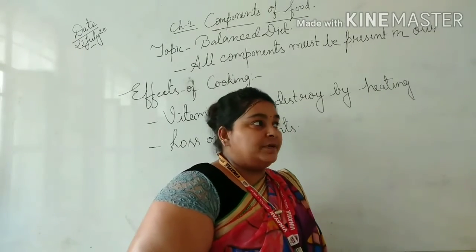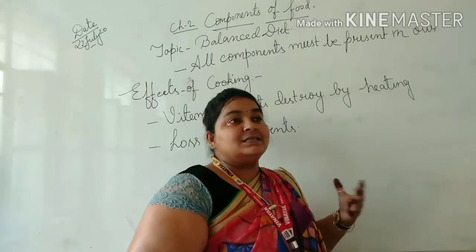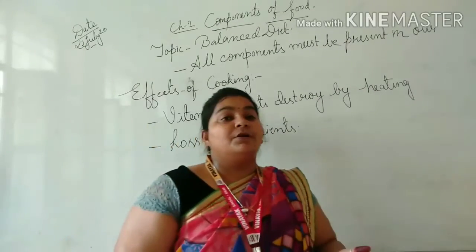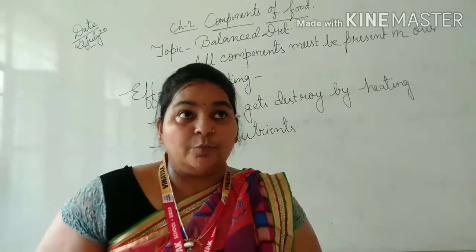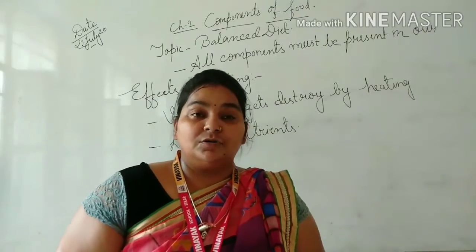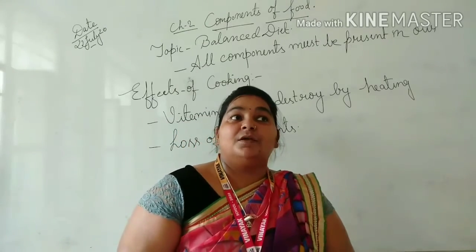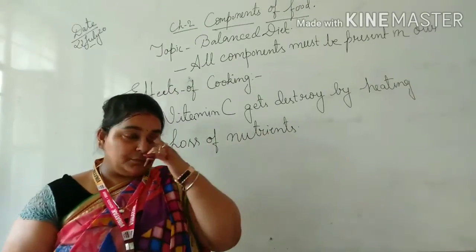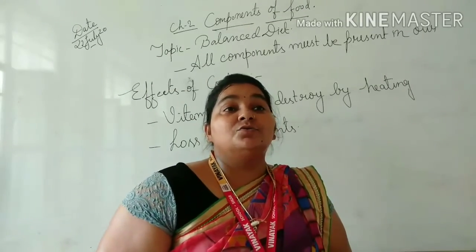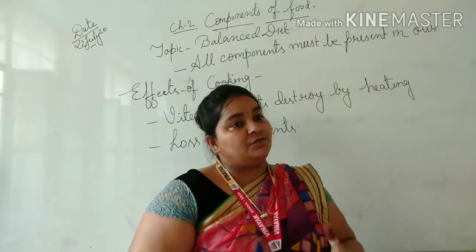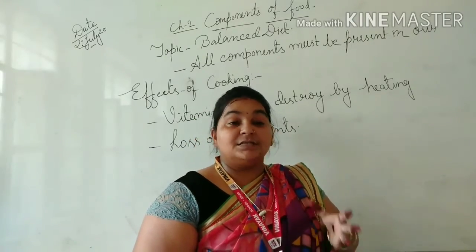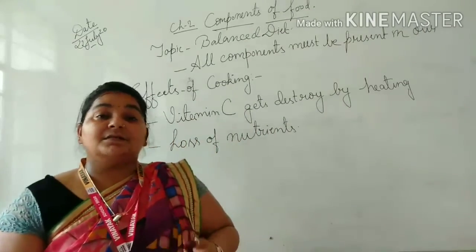Mostly we peel off the skin of vegetables and fruits, but it is not good for health, because by removing the skin we are losing some nutrients and vitamins from our fruits and vegetables. So try to have them as they are.